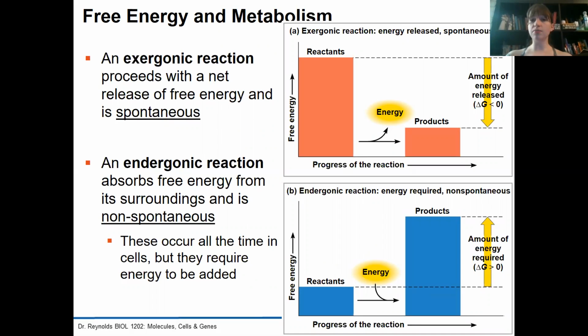In general, it's most appropriate to use the term spontaneous or non-spontaneous when you're talking about the ability of a reaction to proceed on its own. But when you're specifically talking about energy, it's favorable to use the terms exergonic or endergonic because these specifically deal with this addition or release of energy from the system.